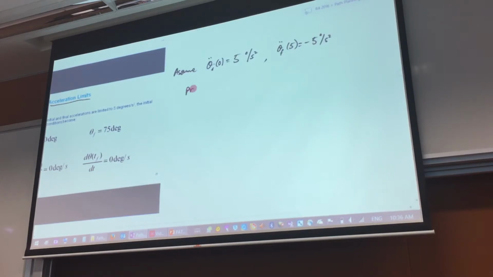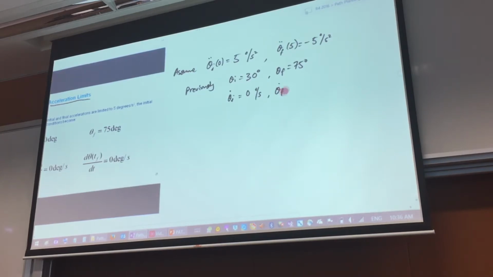I'm going to write down the old ones. So previously, we have theta I that we solved, that's 30 degrees. Theta F, that's 75, that was given. Theta dot I, that's 0. I'm going to write in degrees now instead of radians.